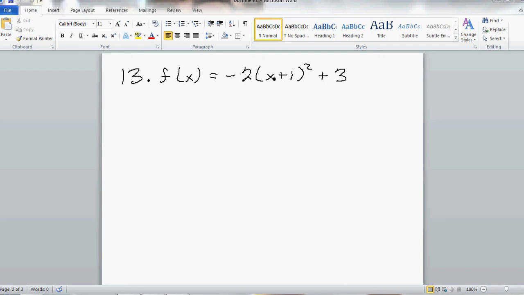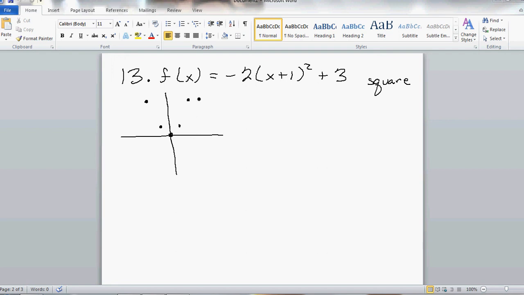Parent function, we're taking x and we're squaring it. So that means it is the square function. So I should be able to come over here, and I've got the points (0, 0), (1, 1), (-1, 1), (2, 4), and (-2, 4).